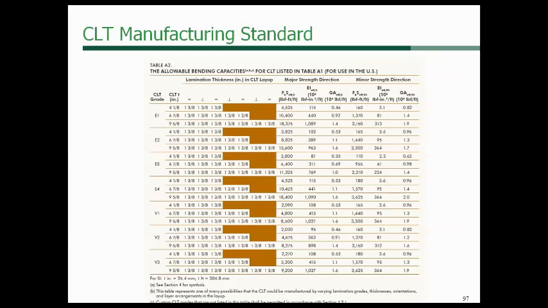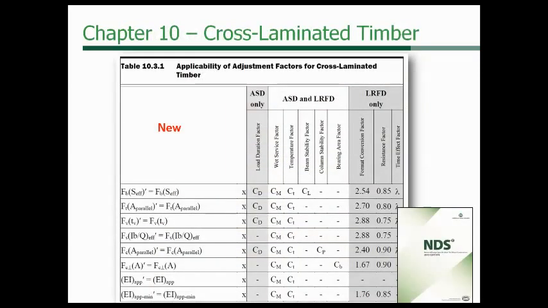And when you go into the standard, you'll see this as well. These are going to be the geometric properties that you'll need. And you can see that these geometric properties are referenced in the NDS table. So those geometric properties are coming from the manufacturer as well, or the standard.